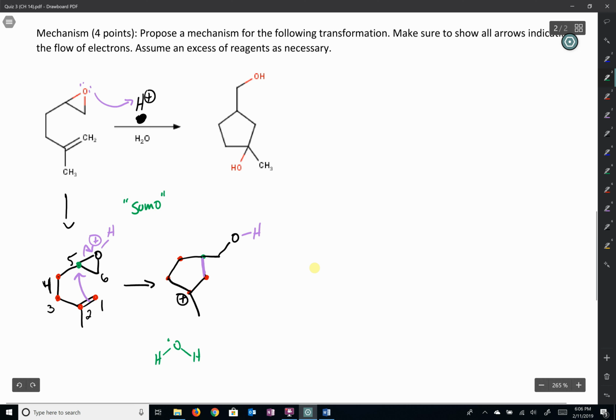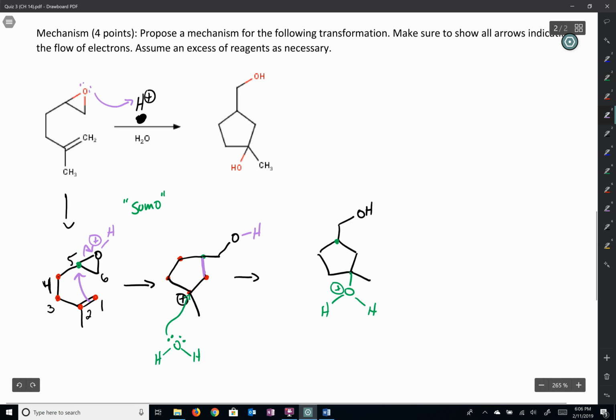Our solvent, or whatever nucleophile we have, can come in and hit that there. Let me just give us a landmark here, so to speak. There's our green. Here's our incoming water.